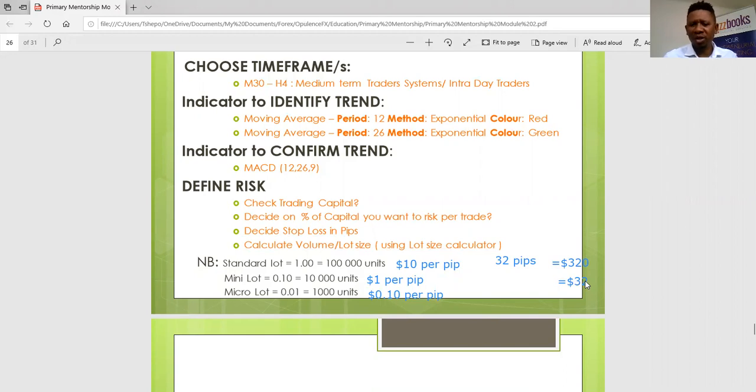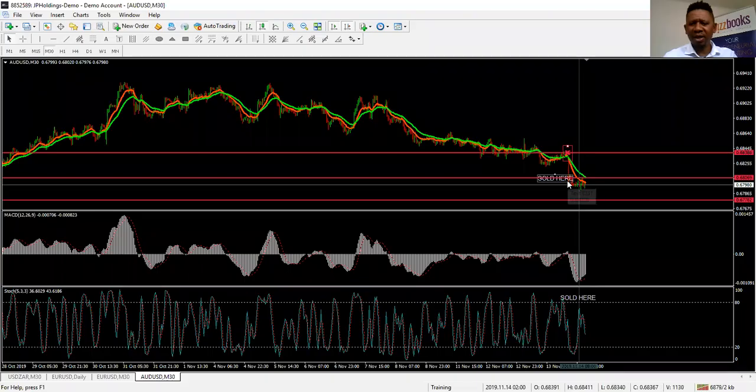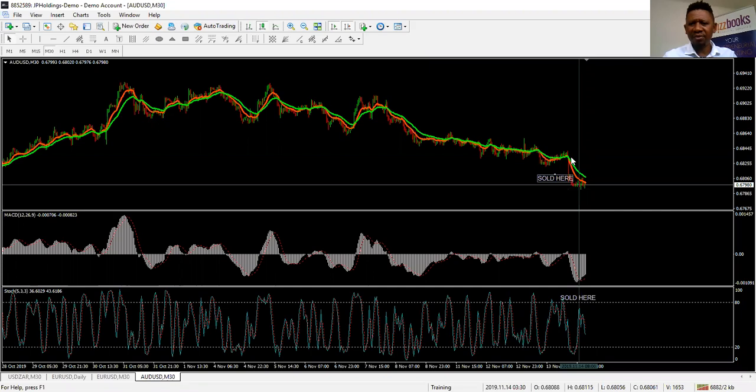That's why I was generally recommending that we go to smaller lot sizes for smaller accounts, for smaller capital. The ones who traded 0.01 would just be getting or losing $3.20 on the same movement. The market would have moved the same number of pips for everyone, remember, but what we make and what we lose would be different.